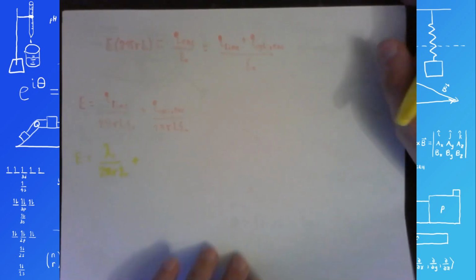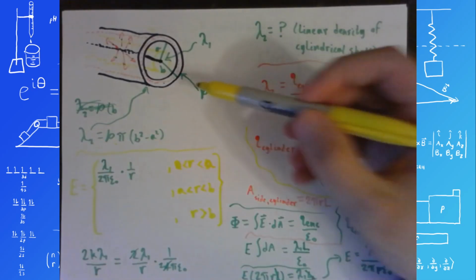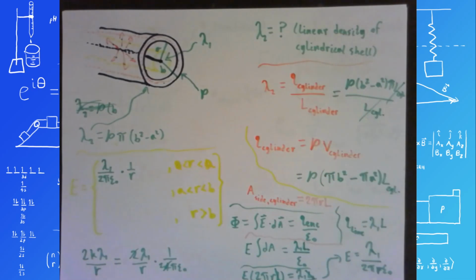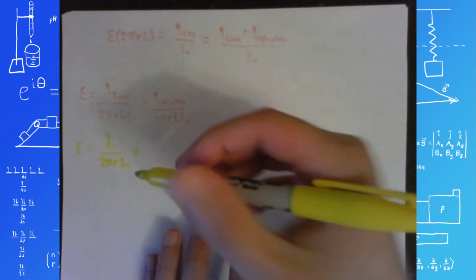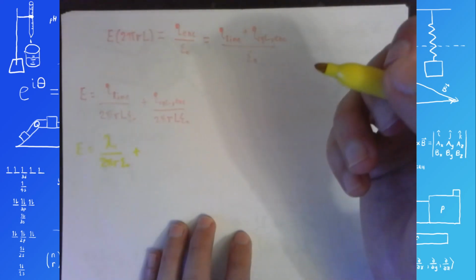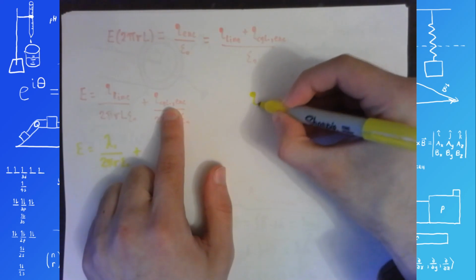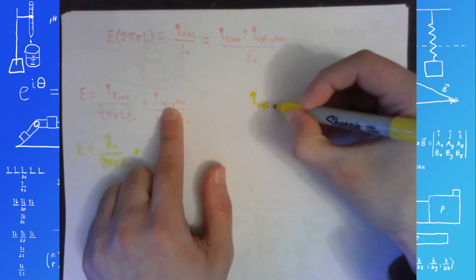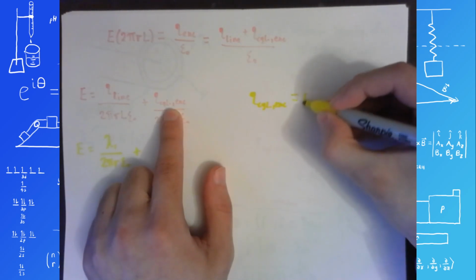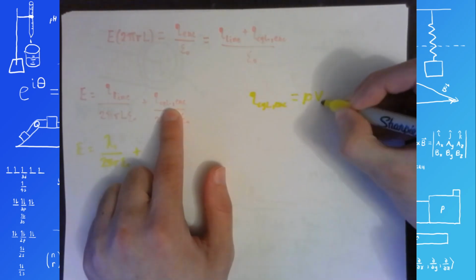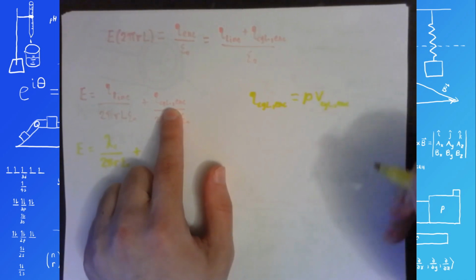Instead, we're just going to have to use the volume charge density that we were given to work with. That was one of our given constants, so we're just going to have to use it. So I'm going to call Q cylinder enclosed rho times V cylinder enclosed.